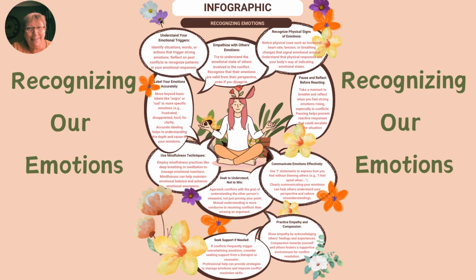Conflicts, for most of us, are situations that can trigger a lot of emotions, right? They're not easy. Most of us don't like conflict. So it's really important when we're trying to solve a conflict in our lives to be able to recognize our own emotions and name them so that we can process them properly.